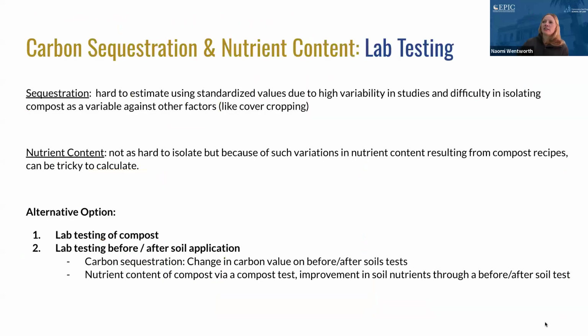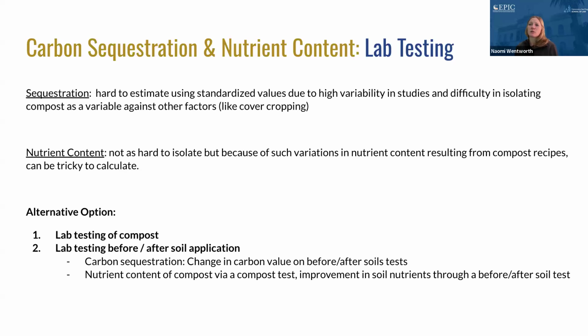So carbon sequestration and nutrient contents, these are both really hard to estimate using standardized values, just because there can be such a high variability in these different studies and difficulty in isolating what composting is doing versus other factors like cover cropping or whatever other factors are going on in your scenario.